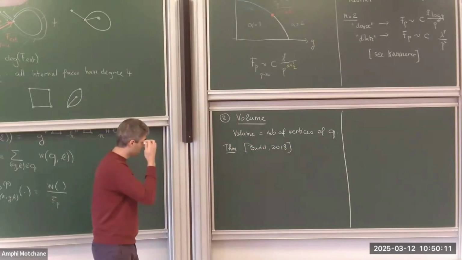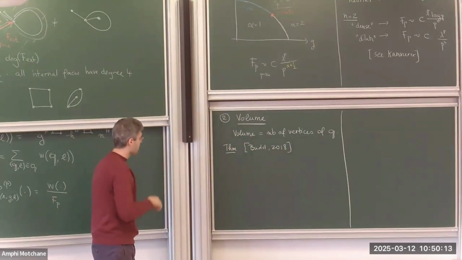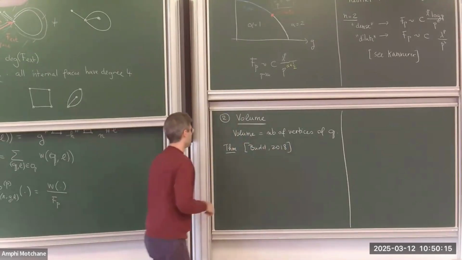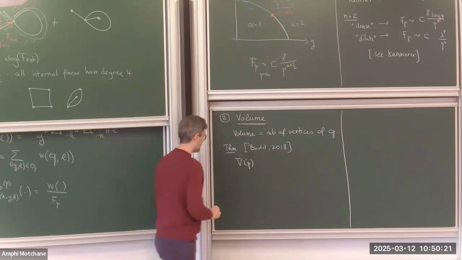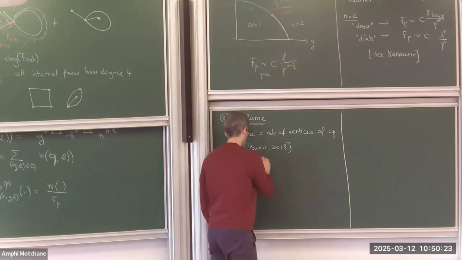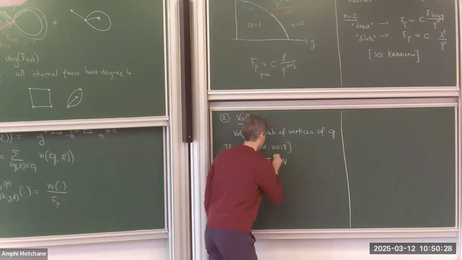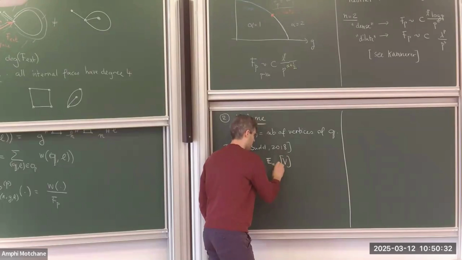And it's answering the following question. If I don't ask about the actual volume, but more like the behavior of the mean volume, so the expected volume. So I'm going to define V bar of P to be the expected volume under this measure, which depends again on these parameters.